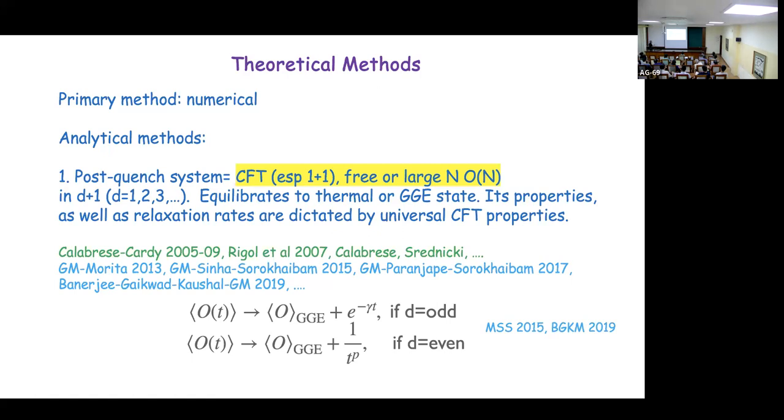One can show that in these systems, under a reasonably broad class of assumptions, the system equilibrates to a thermal or GGE state.